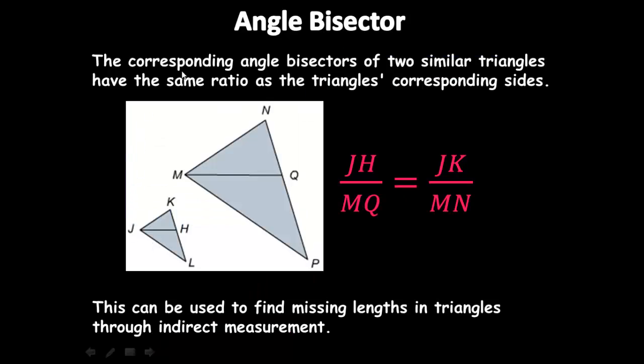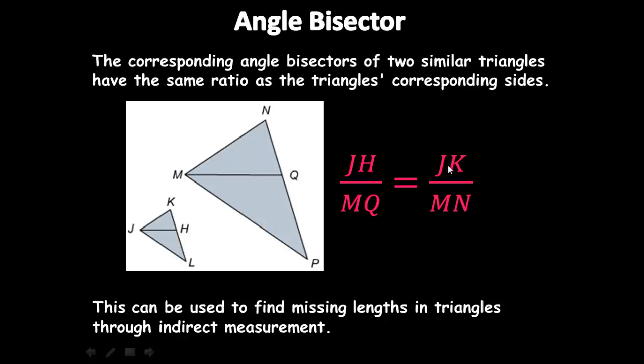Alright, the corresponding angle bisectors of two similar triangles have the same ratio as the triangles' corresponding sides. I took this picture right here and then I set up a proportion to show you what the ratios would look like. The numerator here is JH, that's the angle bisector. And then we've got MQ, which is the bisector of the larger triangle, in the denominator.